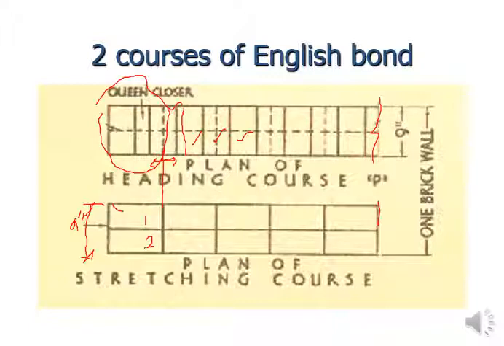But if you are placing your header like this, so this 7.75 dimension needs to be adjusted. So this is adjusted by placing a queen-closer. You can hatch this queen-closer just to be prominent or you can make it black, you can just color it. Okay, once you are drawing.